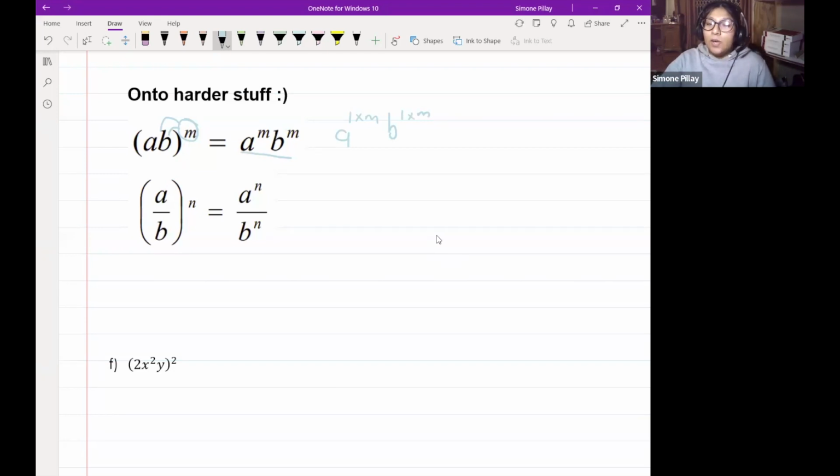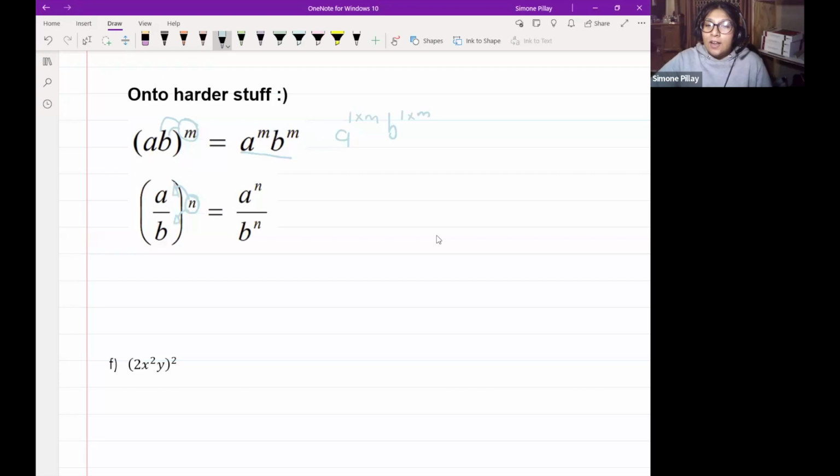Then we also have the one where we have a fraction, or division, inside our brackets. If we raise a fraction to a power, how does that work? What we do is the same thing that we do with multiplication. I apply law 3 to my numerator, and I apply law 3 to my denominator.